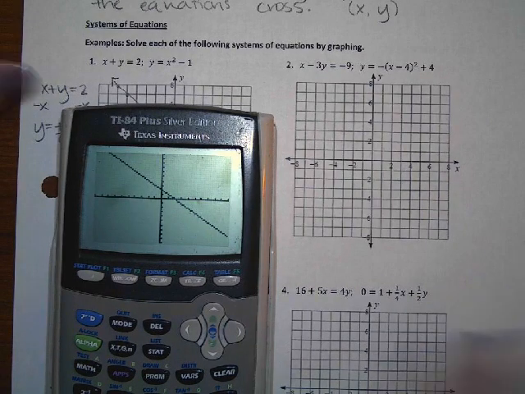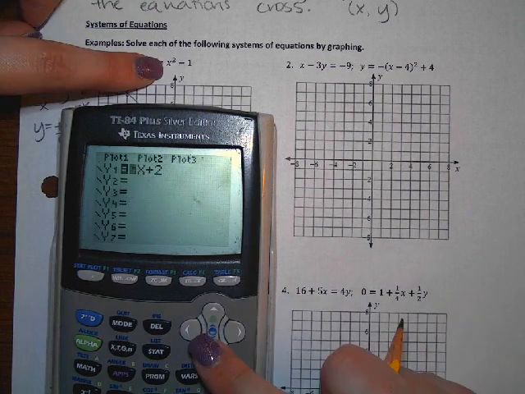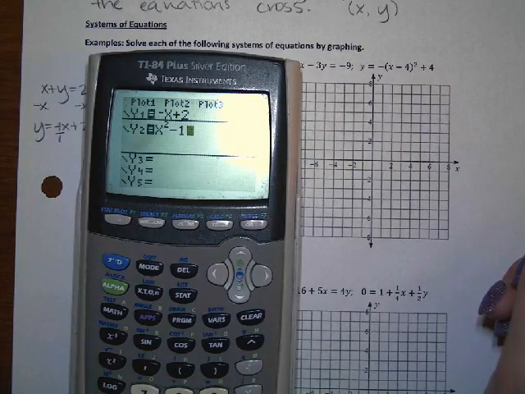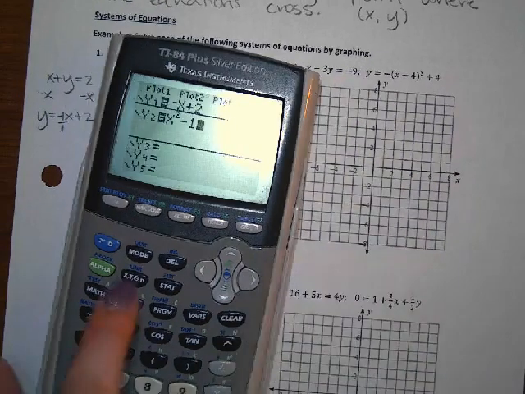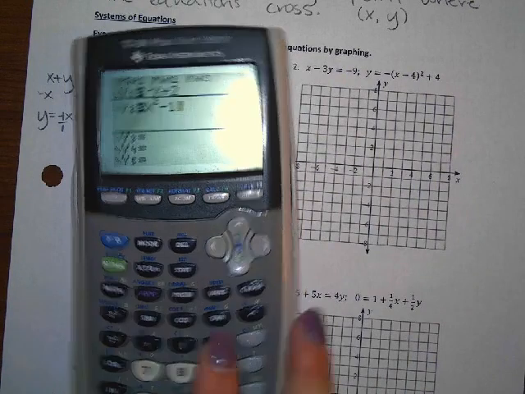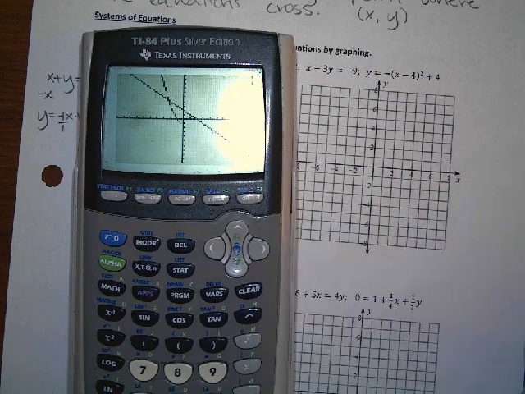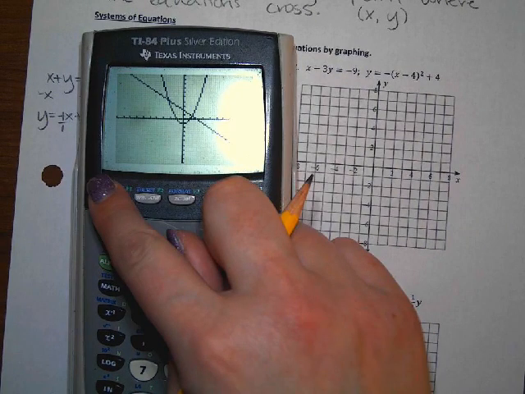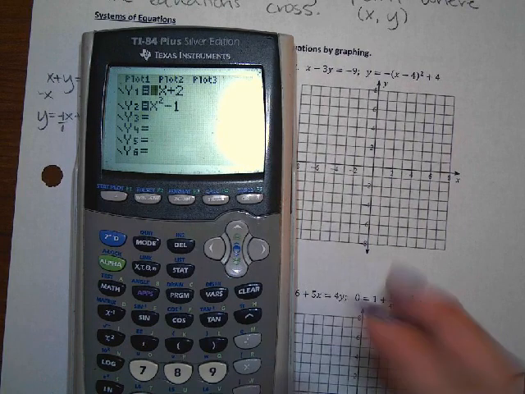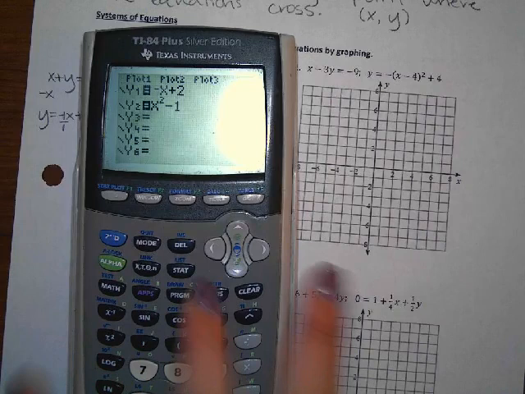The next one is x squared minus 1. So I'm going to go ahead and take x squared minus 1. Do we know where the X button is? Right here. So x squared minus 1. You have to do it where y is by itself.